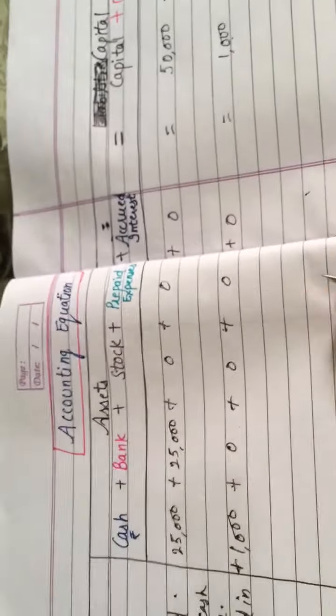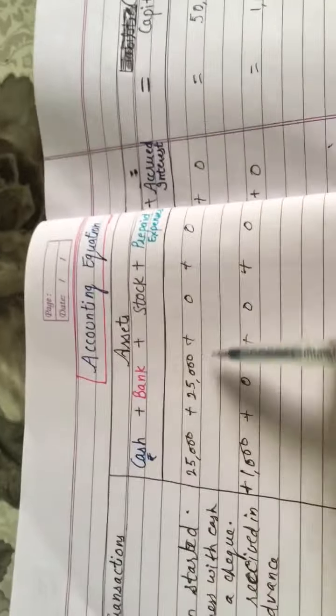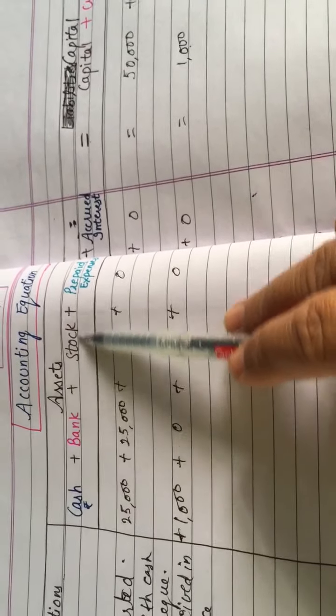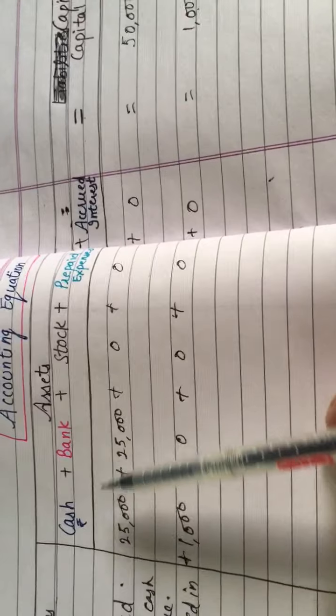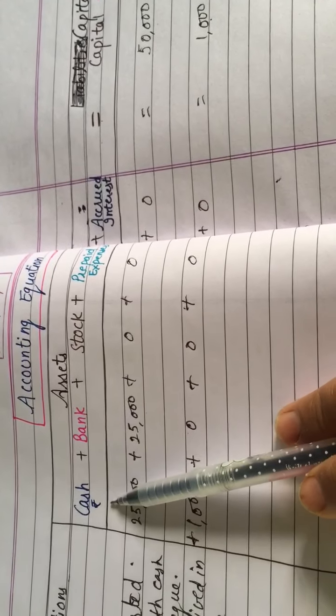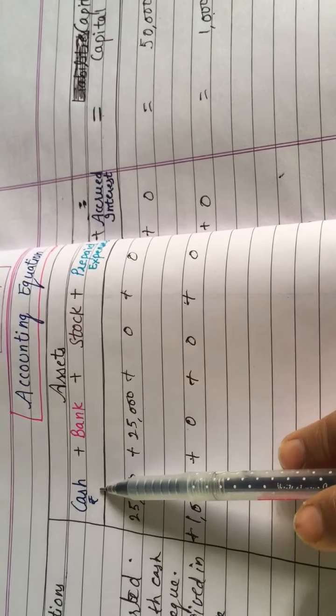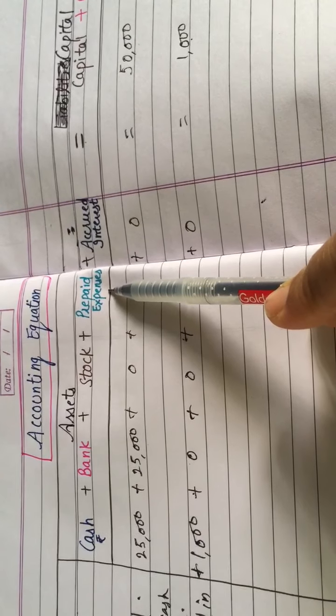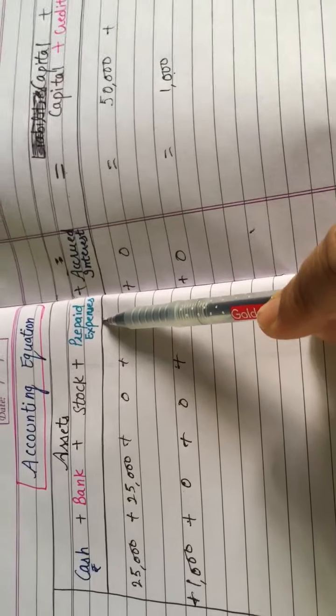Okay, now we will start the question. Here is the format of the accounting equation, and I have written these assets on the basis of the transactions. First is cash, bank, stock, prepaid expenses. Prepaid expenses are our asset.